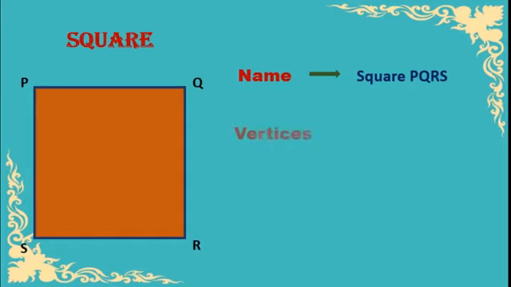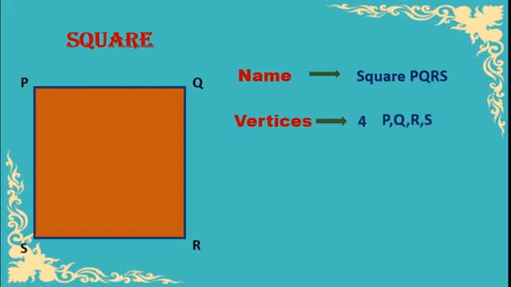Yes, this is a square. We will name the square here PQRS. Now how will we write the name? Square PQRS. Now the next thing is about the vertices. How many vertices are there? Yes, very good. That is 4.